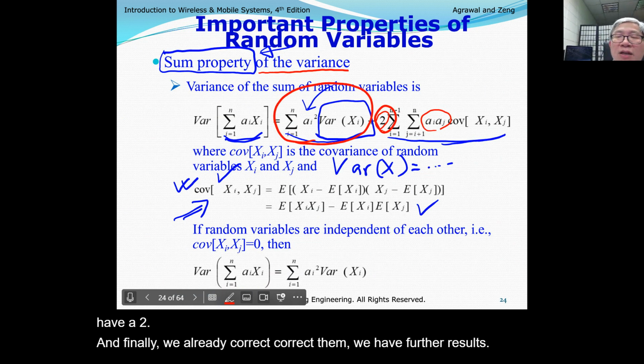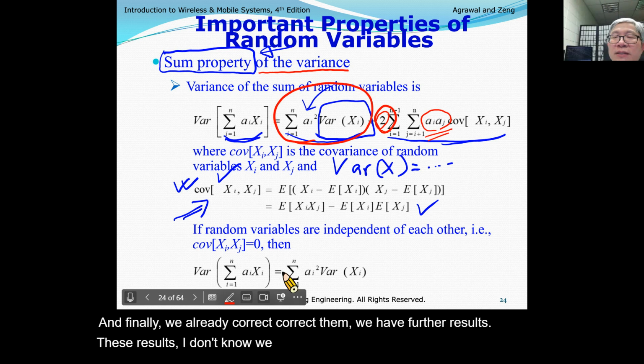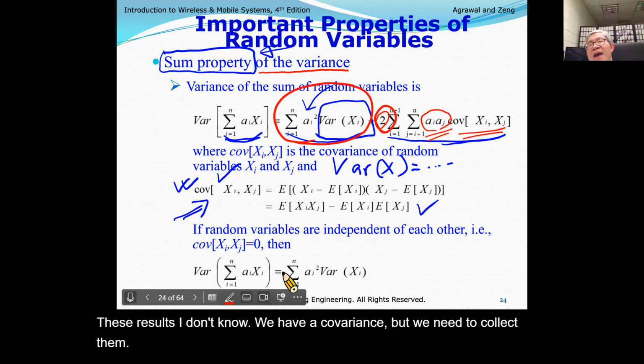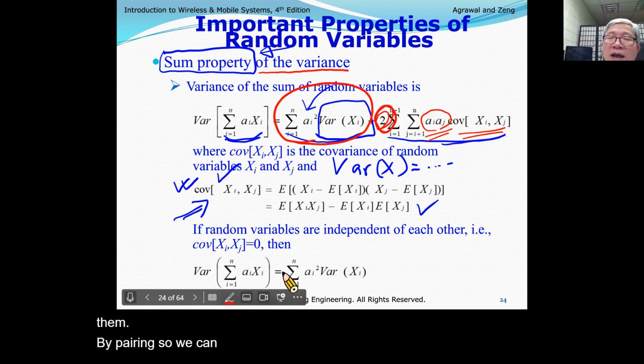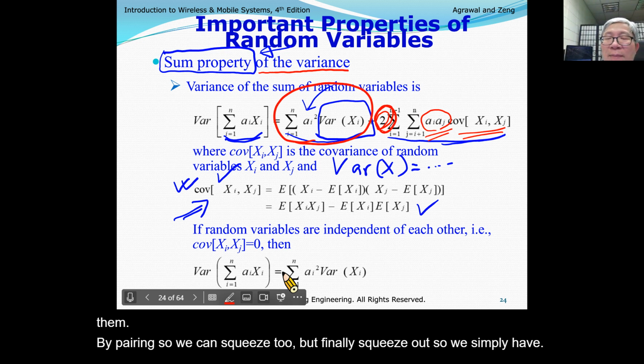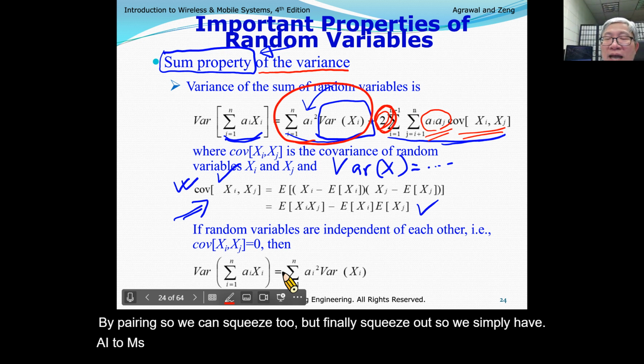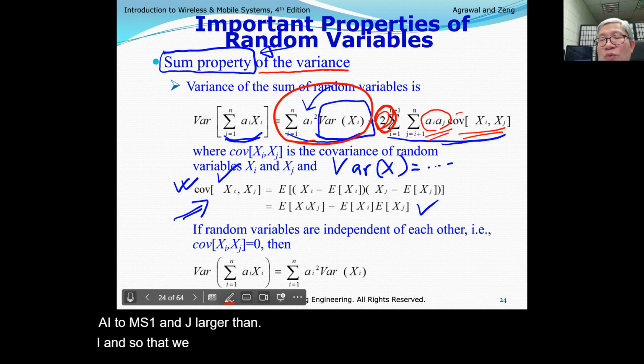These results, we have a covariance, but we need to collect them by pairing, so we can squeeze out 2. Finally, we simply have i from 1 to n minus 1 and j larger than i, so that we have the remaining and show the covariance.